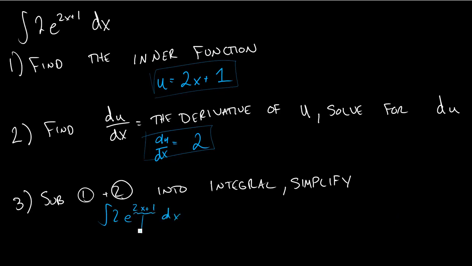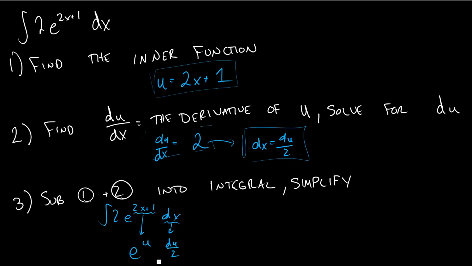Remember, you need to solve this for x. When I solve it for x, I will get dx equals du over 2. And the reason I solve that for dx is now I can just drop it in right there. Drop in the du over 2, and I'll drop in the u there. And that's all times 2.